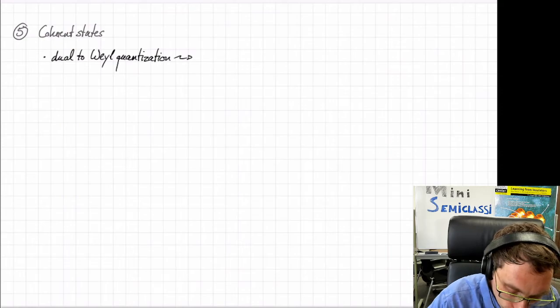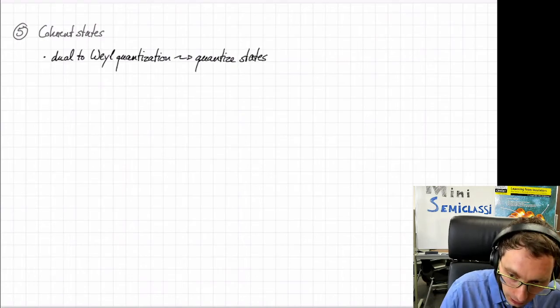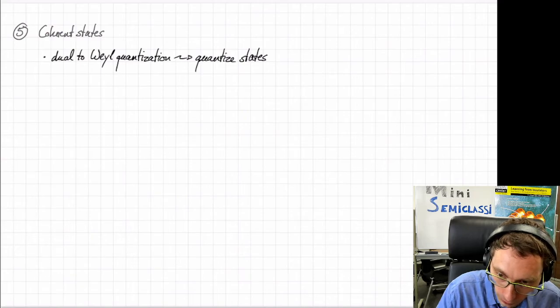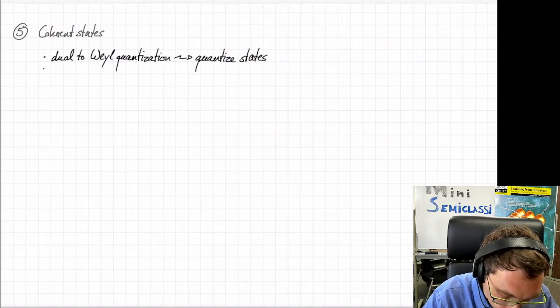So here you quantize states. And again, you could expect something like a generalization of Gaussians.